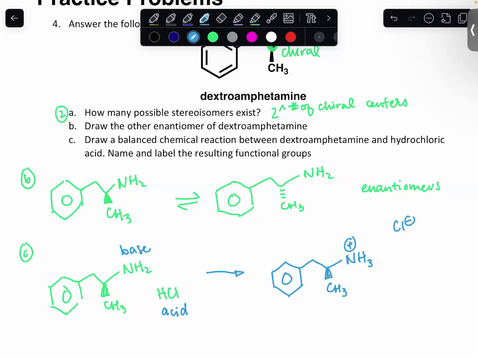What functional groups do we see in this product? Methyl. Aromatic ring. What's the official term for this? Benzene. What else?